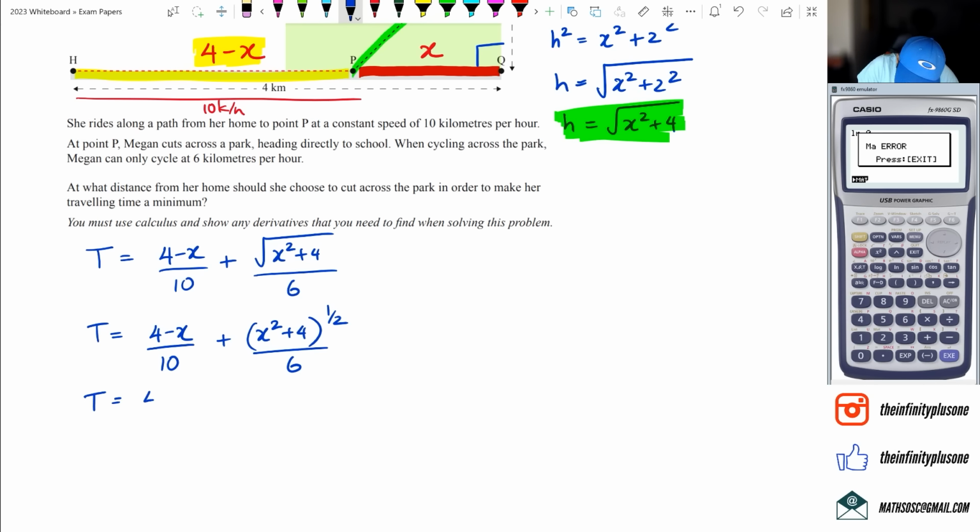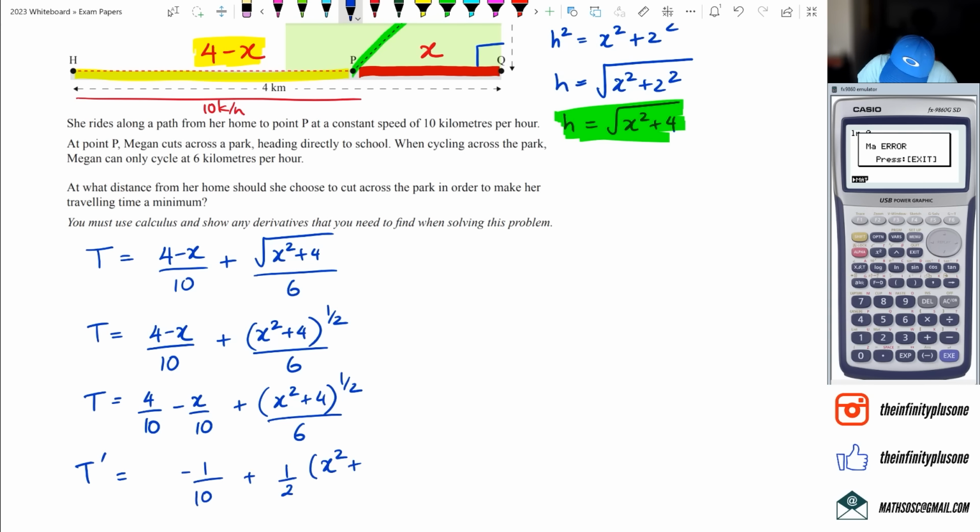So T is equal to 4 over 10 minus X over 10 plus (X squared plus 4) to the power of half, over 6. So T dash is equal to 0 minus 1 over 10 plus a half times (X squared plus 4) to the power of negative half, over 6, multiplied by the differentiation of whatever's inside the bracket, which happens to be 2x.